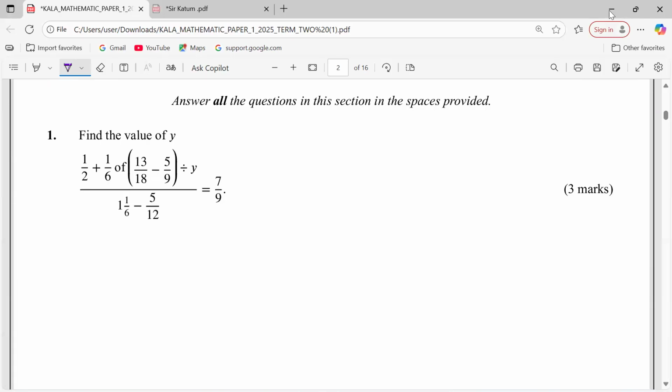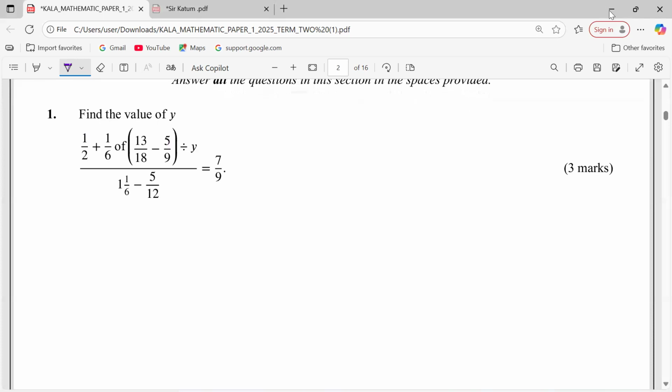Find the value of y given that half plus a sixth of 13/18 minus 5/9 divided by y, all over 1 and a sixth minus 5/12, equals 7/9. We'll first start by solving the left-hand side, starting with the numerator.